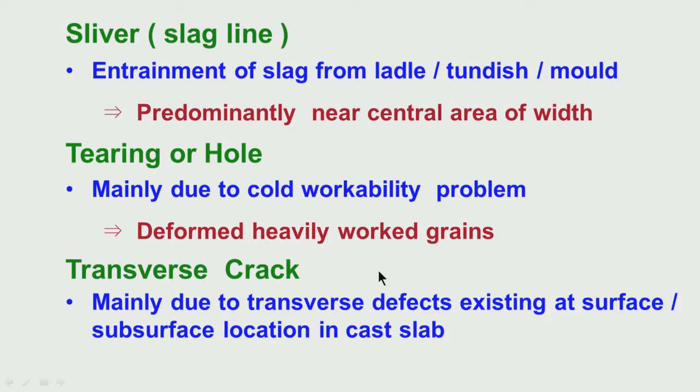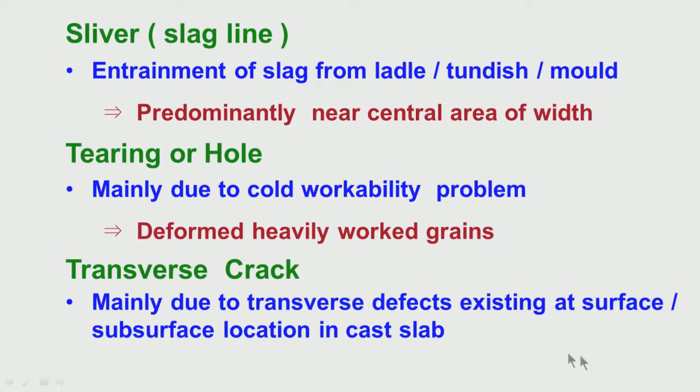Under those deep oscillation marks there might be cracks in the subsurface region. When you finally roll that product, those cracks just below the transverse depression will come to the surface. So, you will find transverse cracks or defects in the product after rolling, but they were existing at the subsurface locations, at the root of the deep oscillation marks.